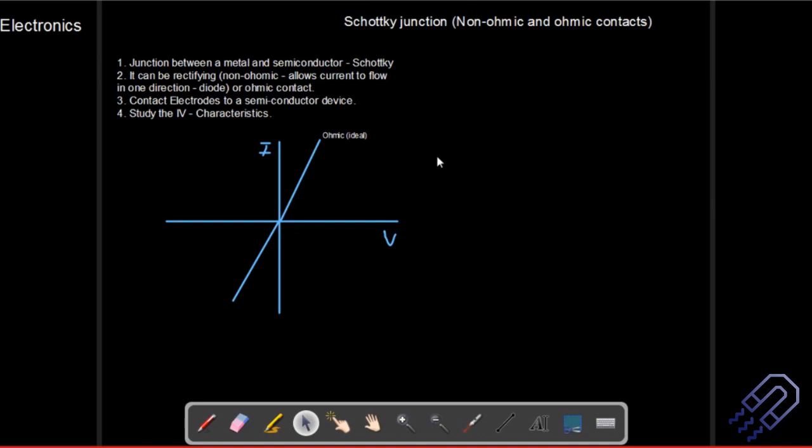But then let's go back and try to draw another line here, which is not purely ohmic.